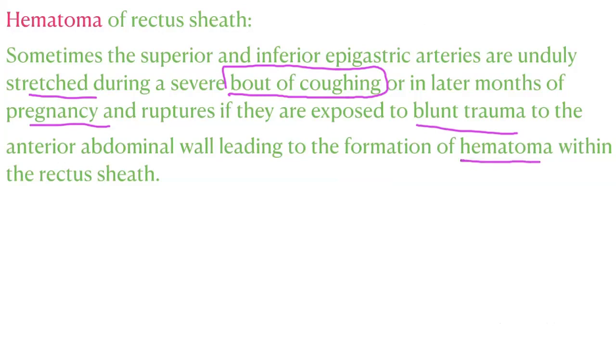So, when there is a severe bout of cough or in the last trimester of pregnancy, and if there is a blunt trauma to the anterior abdominal wall, then because both the superior and inferior epigastric arteries are within the rectus sheath, a hematoma will form within the rectus sheath, right? And it presents as a tender swelling in the anterior abdominal wall.